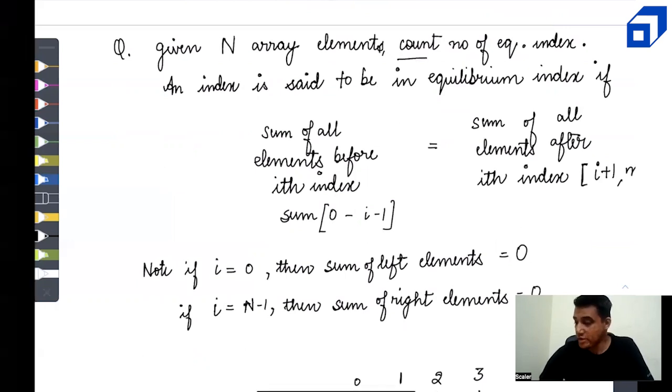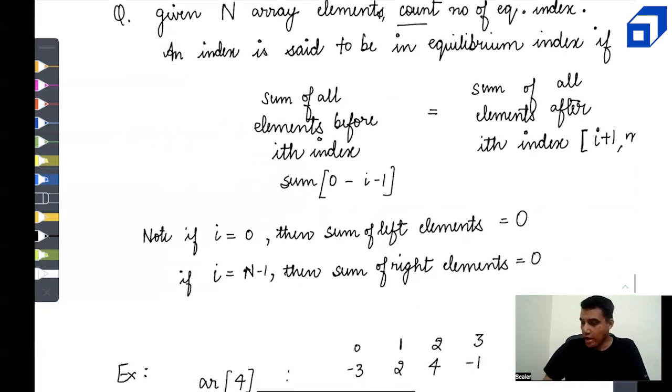An index is said to be in equilibrium if the sum of all the elements before the ith index is equivalent to the sum of all the elements after the ith index. So over here, we have to check how many equilibrium indexes are there. This is the main definition that you have to keep in mind.